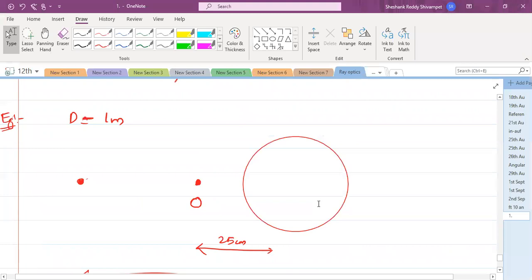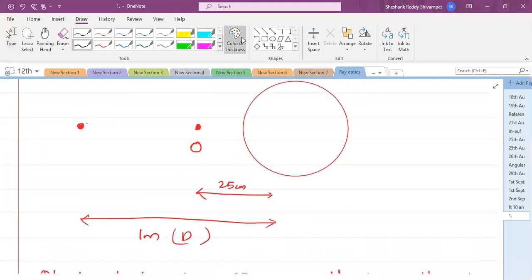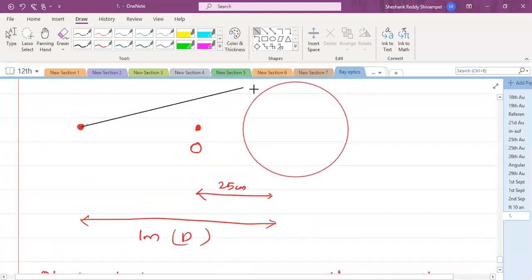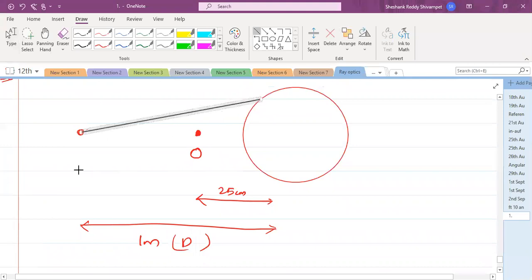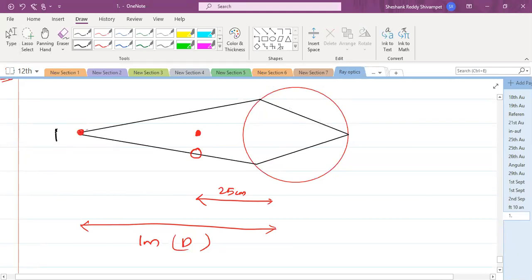Now, according to the boundary condition, what will happen? It will be this. The objects placed at 1 meter or beyond it are clearly visible. Right? So if there is any object here, let's suppose P, there will be no problem. P should be visible to us. Boundary condition.